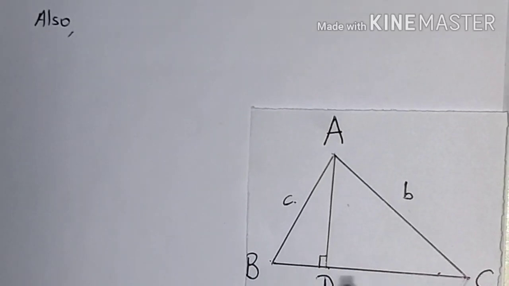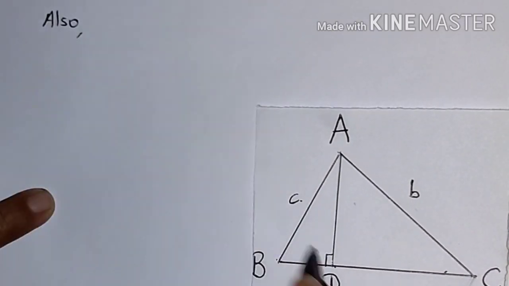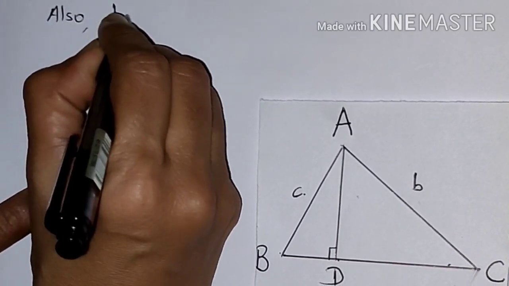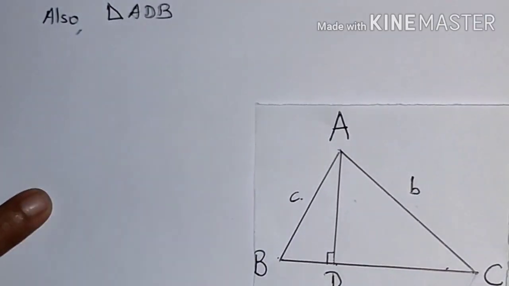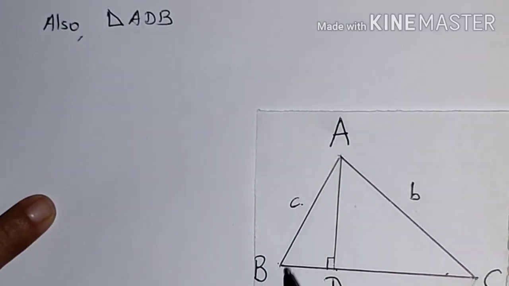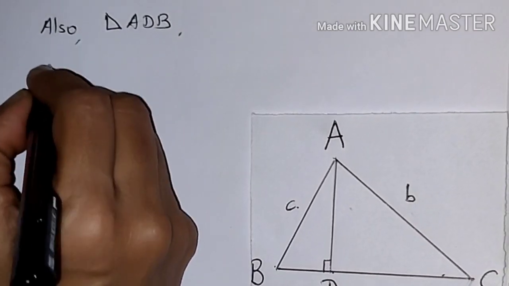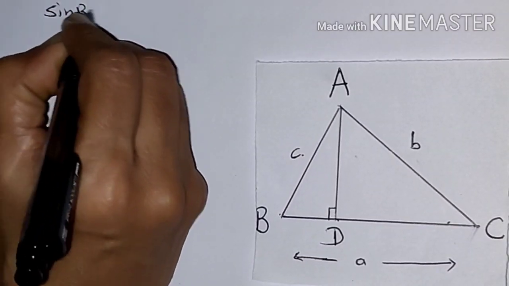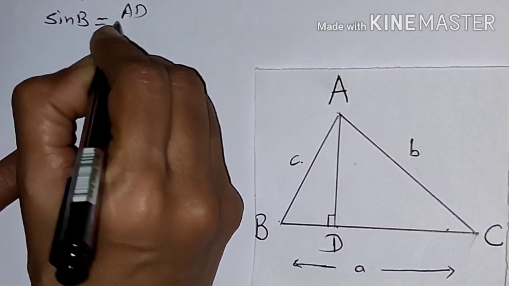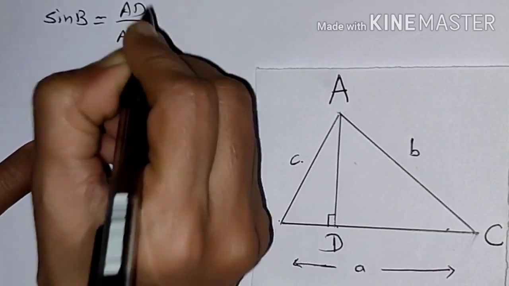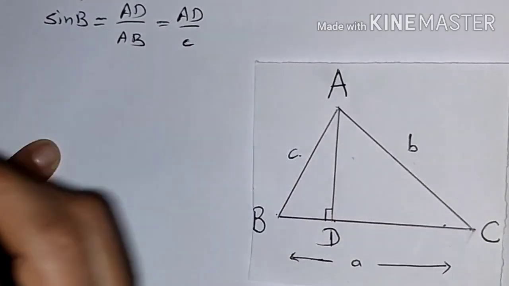Now for the same triangle ABC, when we consider this right angle triangle ADB, we get sine B is equal to AD upon AB, that is AD upon AB is c.